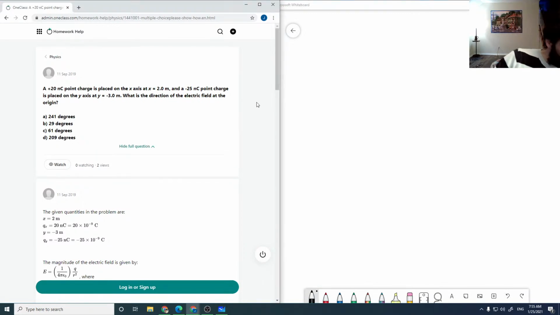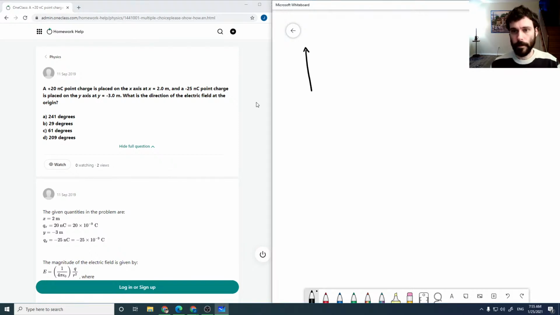Okay, so here we've got a couple charges. We've got X, XY, and now we're placing a 20 nanocoulomb charge at 2 meters and a charge at -3 meters in the y direction.